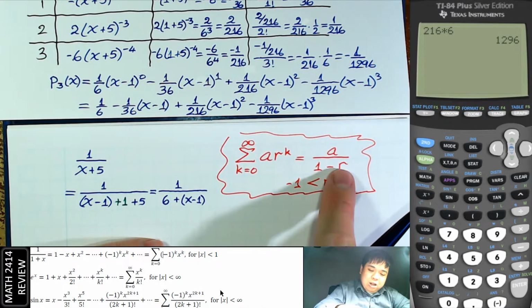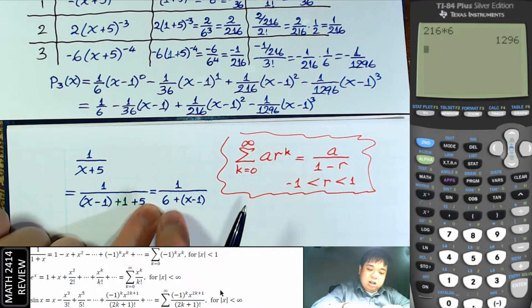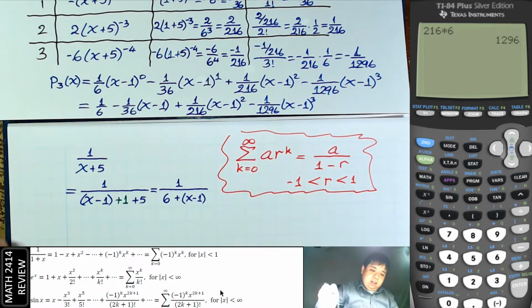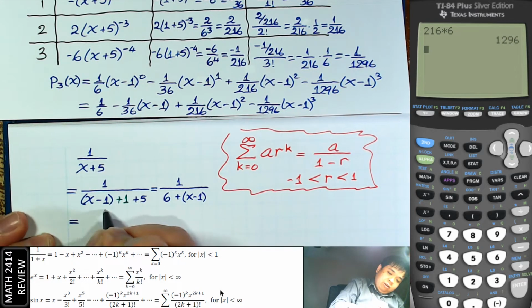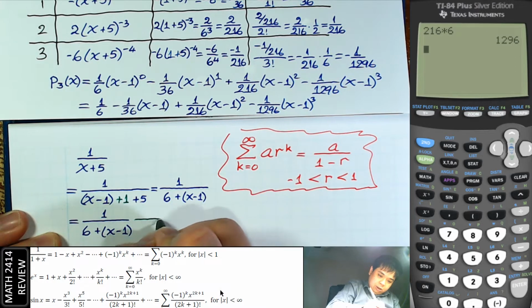Right, so almost there, except we need the 1 and we need to subtract. So what I do is I try to turn the 6 into a 1 here. I will divide 6 on the top and bottom.